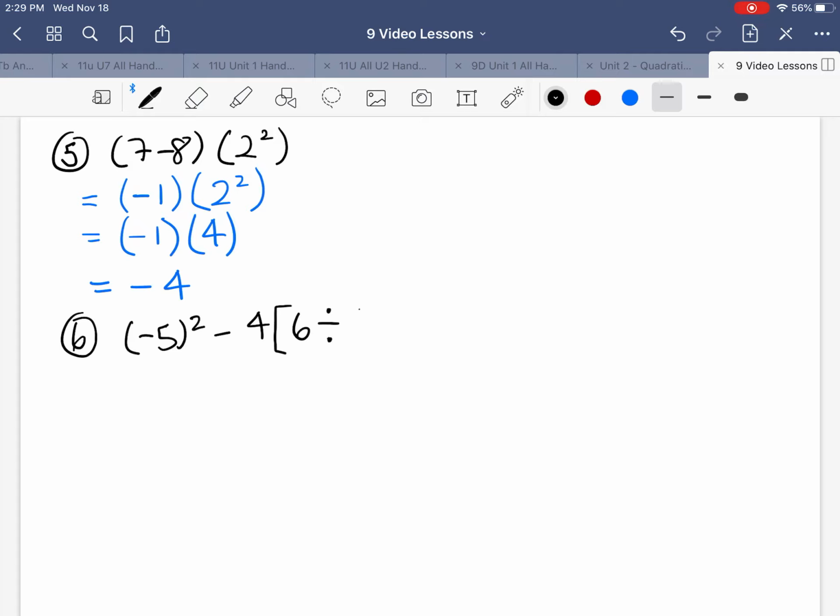And in our square brackets, we have 6 divided by rounded bracket 2 minus 3, close rounded bracket, close square bracket, and then plus 1. So we still need to follow BEDMAS, and we need to work with the brackets first, but we need to start by working with the innermost bracket. So we have to do that 2 minus 3 before we can do anything else in those square brackets.